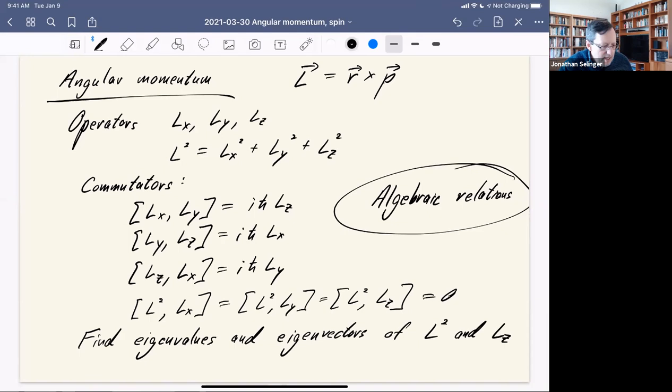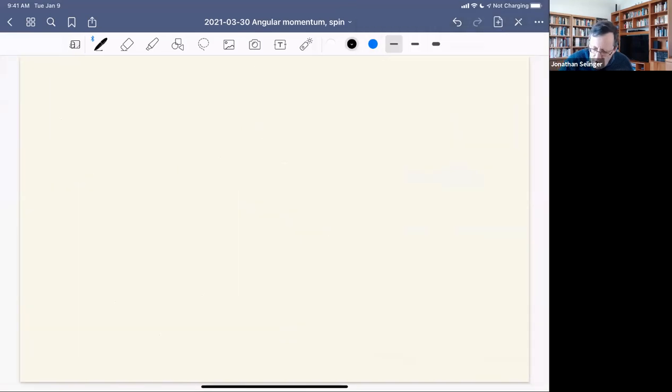The equations that we want to solve are like this. L squared acting on some function is an eigenvalue times that function, and Lz acting on the same function is a different eigenvalue times that function.